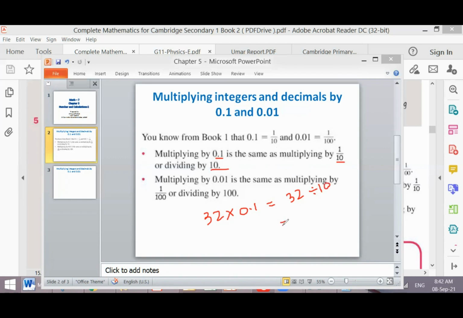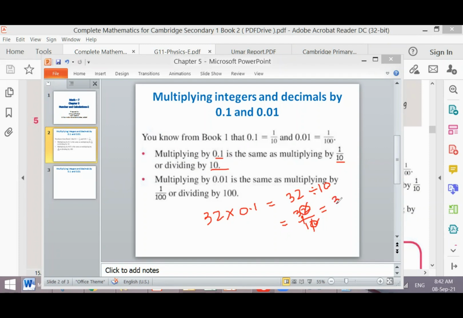And in the fraction form, I can write it as 32 divided by 10. This way you can remember it very easily. There is one 0 in the denominator, so I will skip one number, and above this 1, I will put the decimal point here.